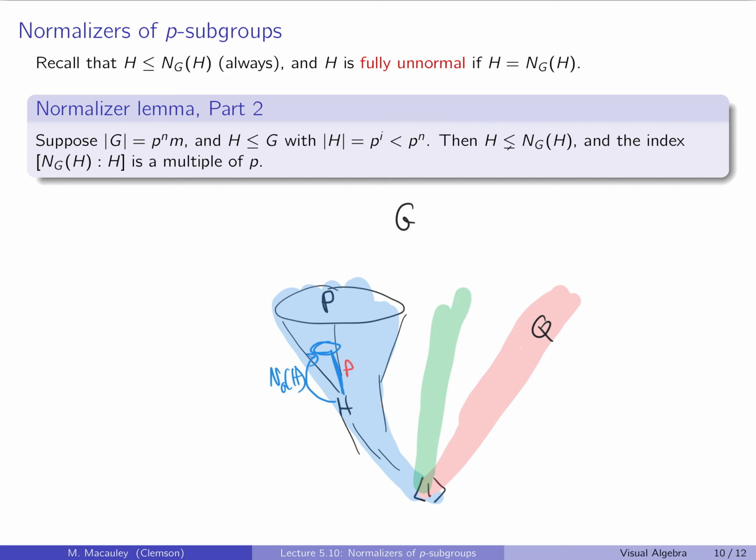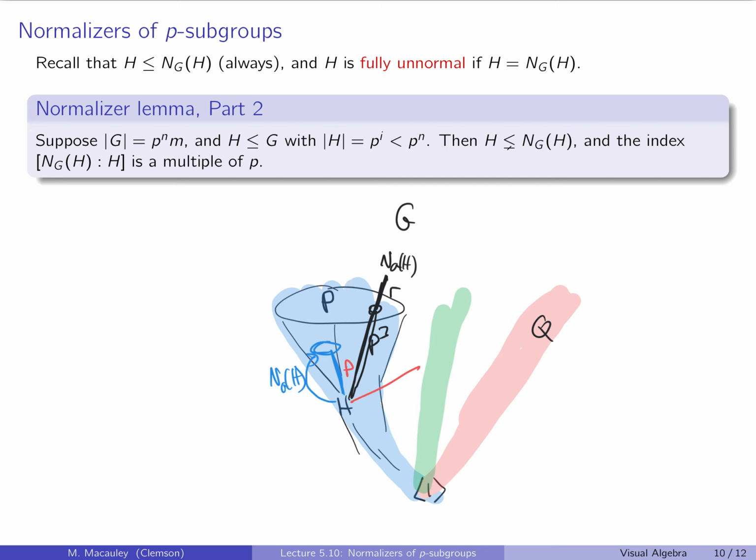So what can't happen is that we go out here and the index of this is not a multiple of p. Now we don't necessarily have to stay in this tower. Maybe the normalizer is way up here, and so the index is like p cubed, and then some other r up here. But the idea is that the normalizer always grows unless we're at the top of the tower, in which case it's possible that these things could be their own normalizer.